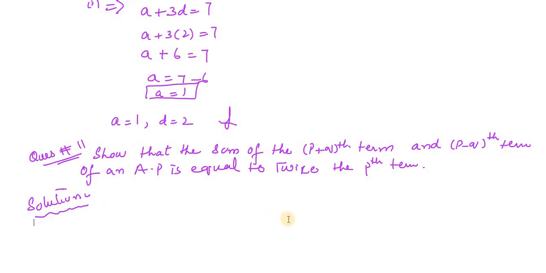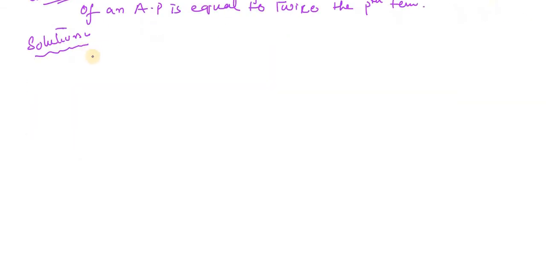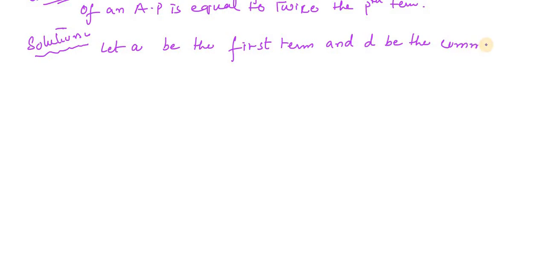Solution. Similarly, we say that let A be the first term and D be the common difference of an arithmetic progression.